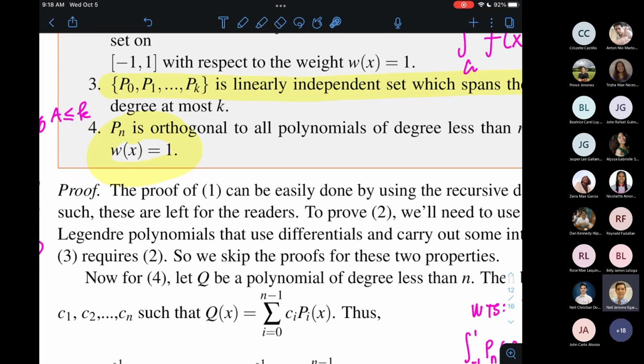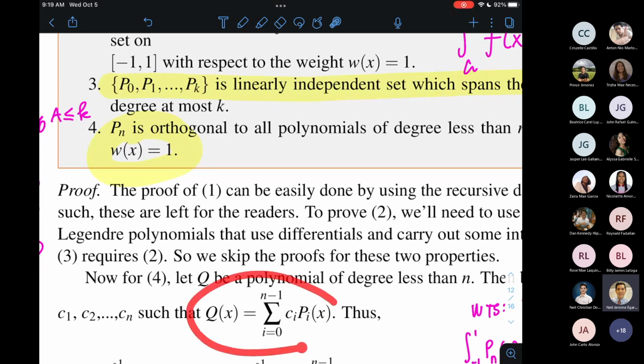Right? Because the first n minus 1 Legendre polynomials are a basis of the set of all polynomials of degree at most n minus 1. So Q can be written as a summation of multiples of the Legendre polynomials of degree n minus 1 or less.